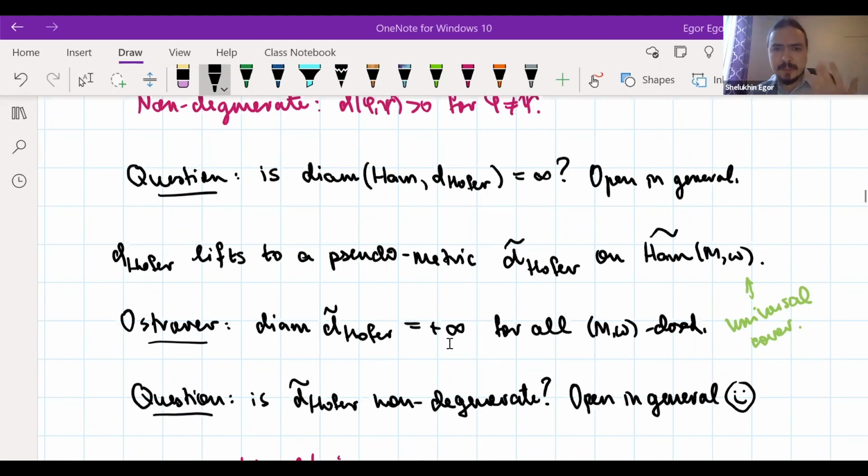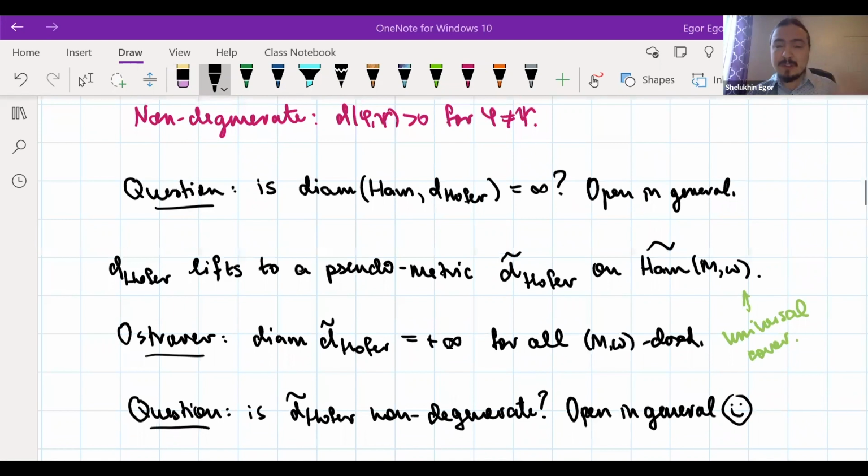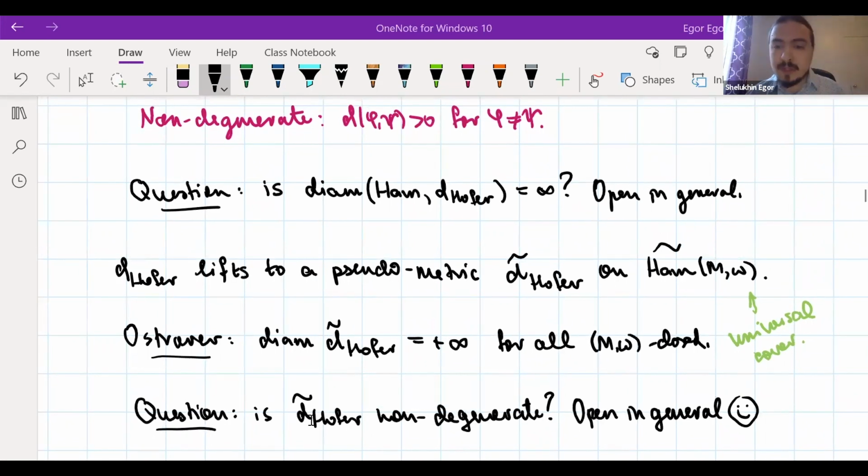This is an argument of Ostrover. However, in this case, we don't know that this pseudometric d tilde on the universal cover Ham tilde is non-degenerate. So we know it in some cases, but we don't know it in general.